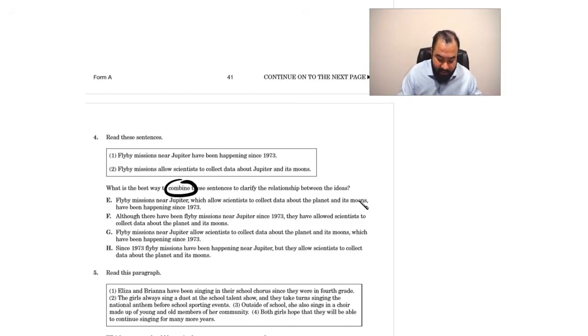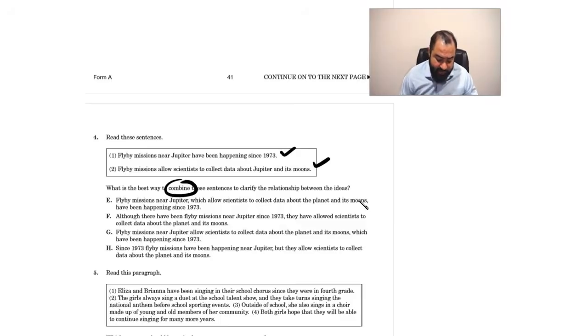Now let's answer what is the relationship between the ideas. Flyby missions near Jupiter have been happening since 1973. The second one says flyby missions allow scientists to collect data about Jupiter and its moon. So these are 2 pieces of information, they're adding on, putting it together. There is no contrast. There is no cause and effect.